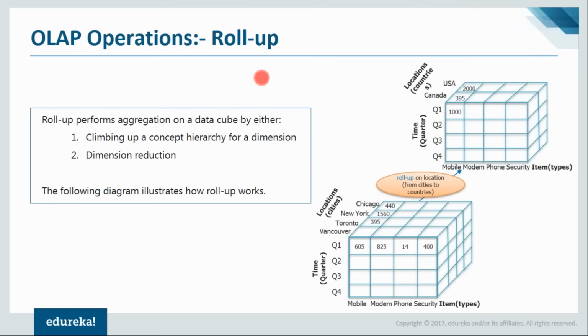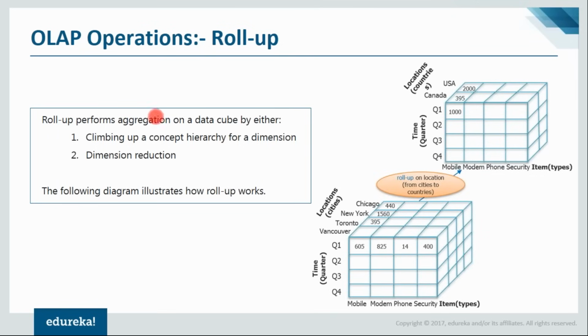Now, before I explain this, let me tell you why I'm explaining operations first of all. I'm explaining OLAP operations so that you can understand what kind of operations you can do on your data warehouse that you cannot do on your database, right? So with the help of OLAP, and since data is stored in such a multidimensional fashion, these kind of operations can be performed, right?